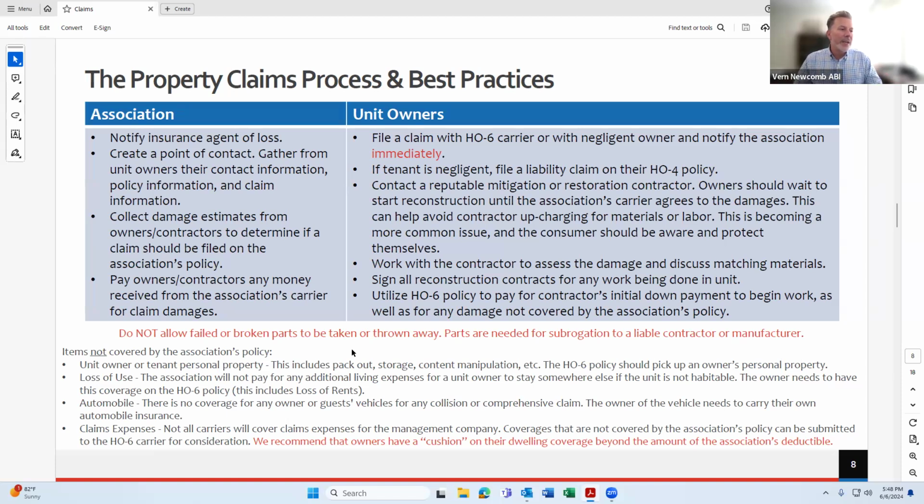So once the association is notified, there needs to be a point of contact for a claim. This can be a property manager, a committee member, or a board member, but there has to be a point of contact. This person gathers the information from the unit owners, their insurance information, and any claim information.